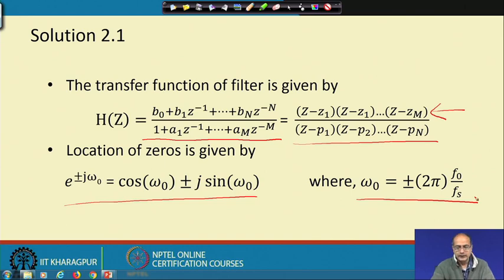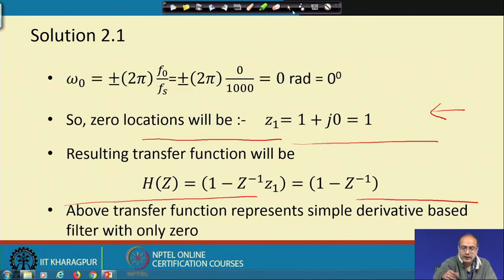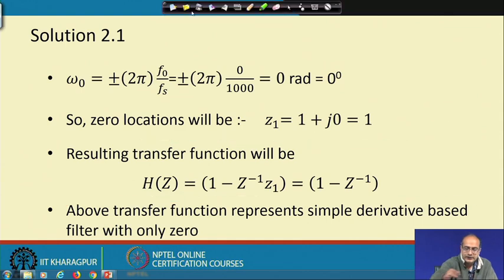Now, as our frequency is low, we are looking at the 0 frequency or the DC value.